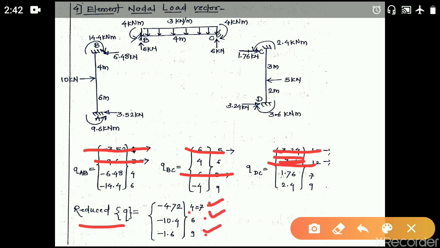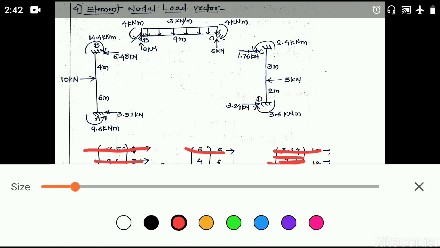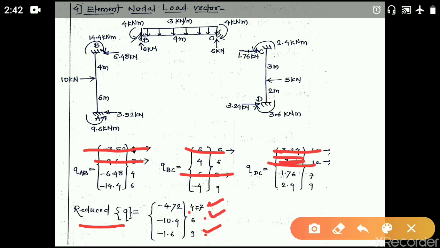The very first is 4, or 7. Related to 4, there is the reaction minus 6.48 from AB, then for BC it is 6 and 9, and for DC it is 7. So minus 6.48 from AB and plus 1.76 from DC gives the result minus 4.72.